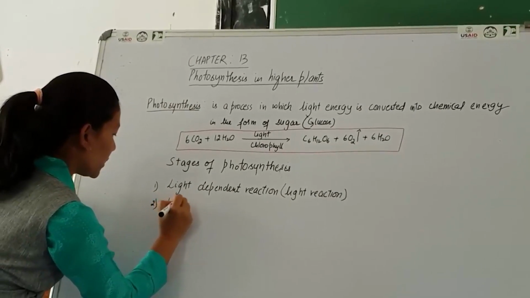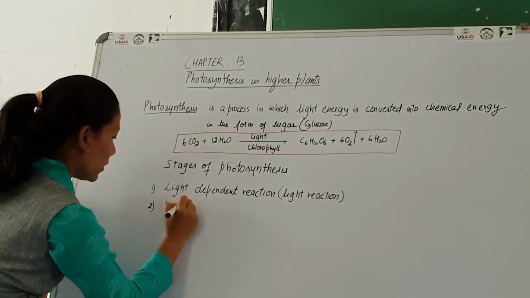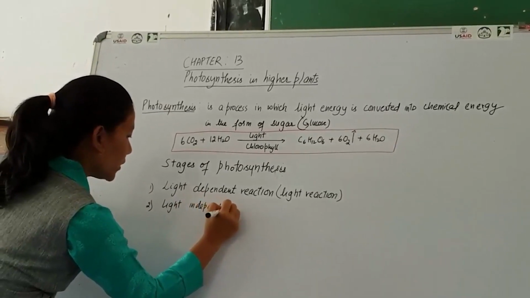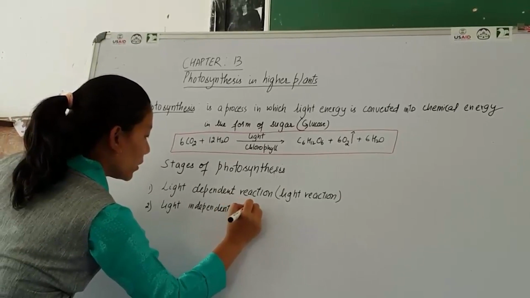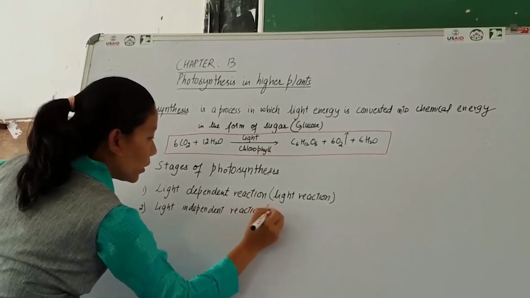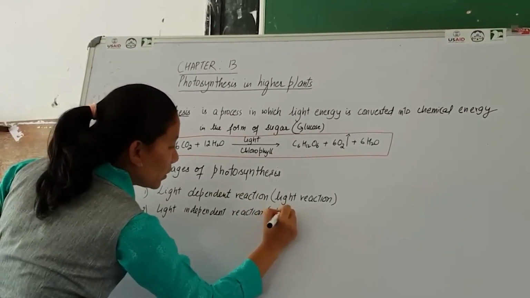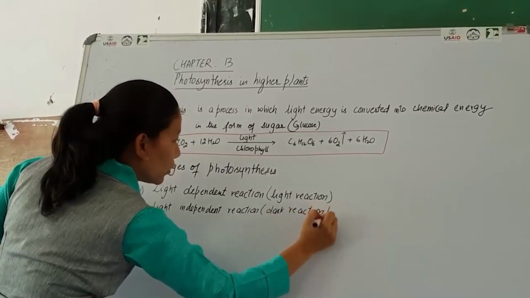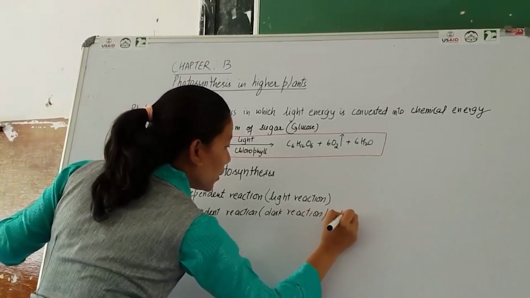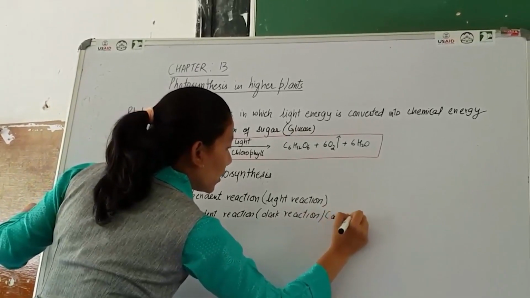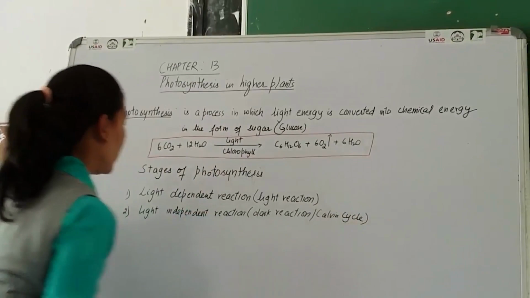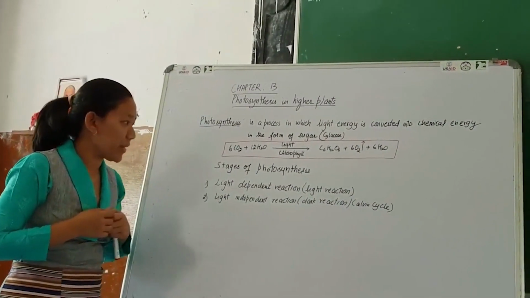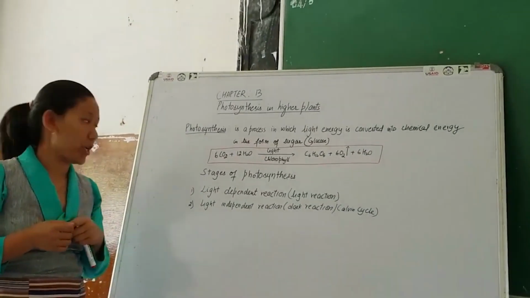And the second one is the light independent reaction, sometimes called the dark reaction. So these are the 2 stages of photosynthesis, that is, light dependent reaction and light independent reaction.